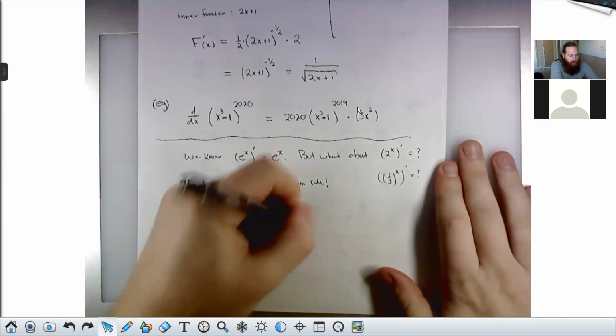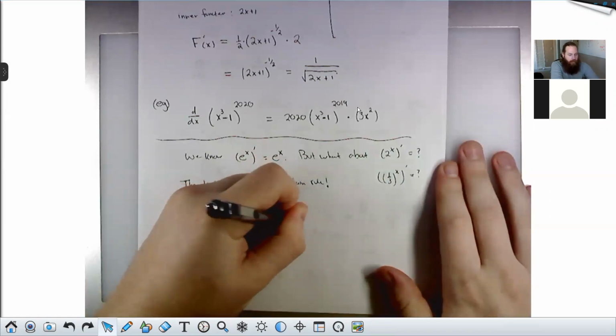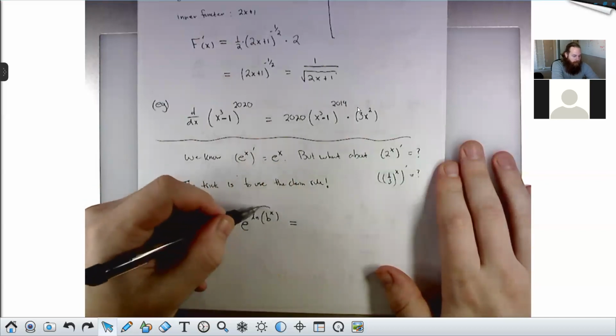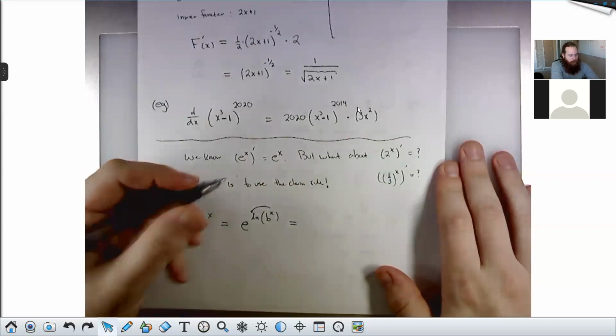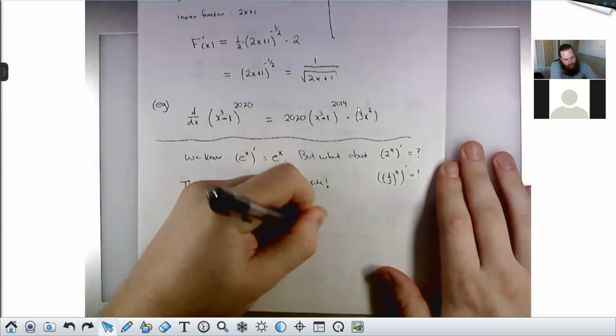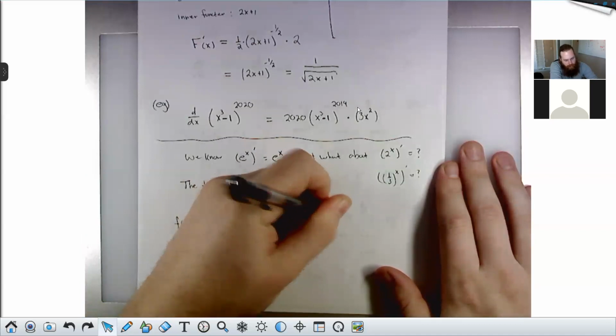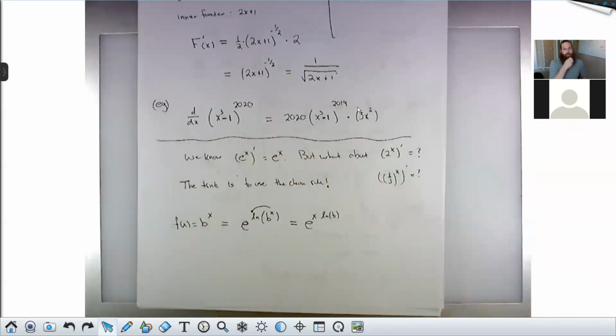And then I have a property of logarithms that says the log of some number raised to a power, that power can come right here. So this is the same as e raised to the x times the ln of b. This is the thing that's going to allow us to differentiate b to the x.